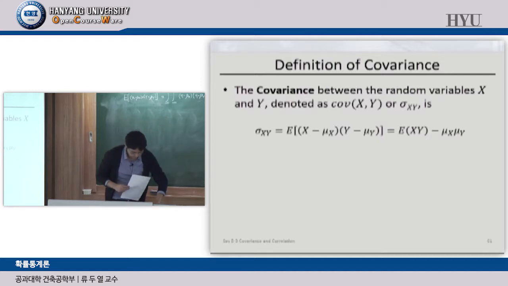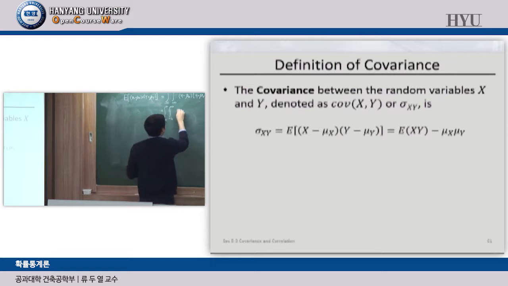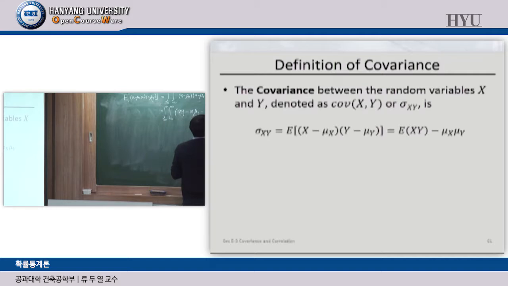And in here, this can be written as the double integration of xy minus x mu y minus y mu x plus mu x mu y, by the joint probability density function here.